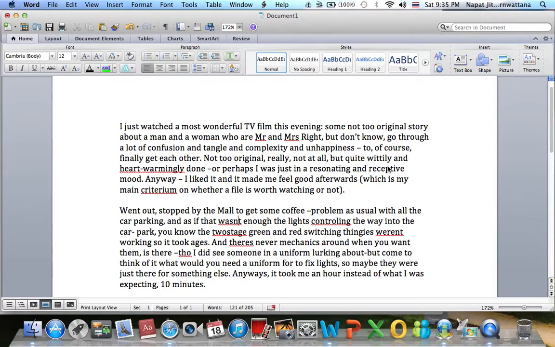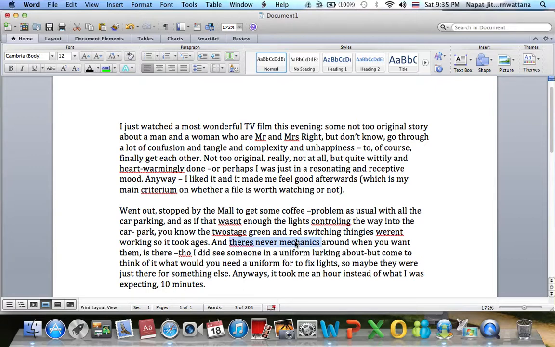For grammar, we can see the rule violation here: "to, of course, finally get each other." We can see the split of "to" and the infinitive, which we don't normally do when we are writing. Also, we can see here "there is never mechanics." It violates the concord rule of English, subject-verb agreement if you like. You can see the subject here and the verb here.